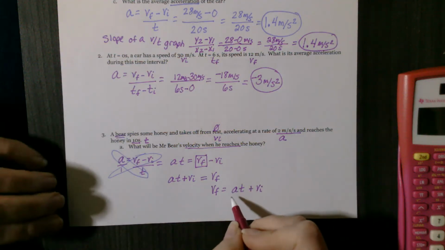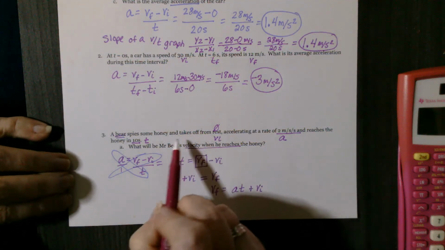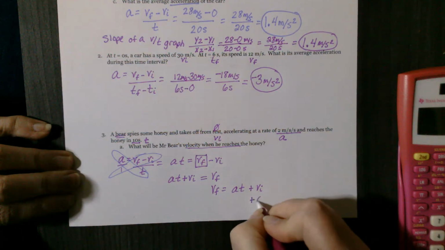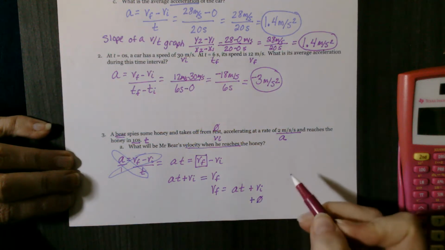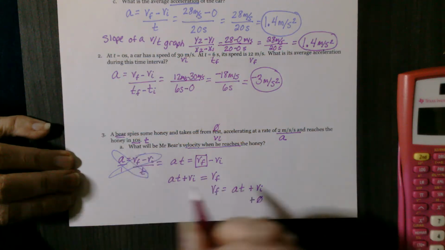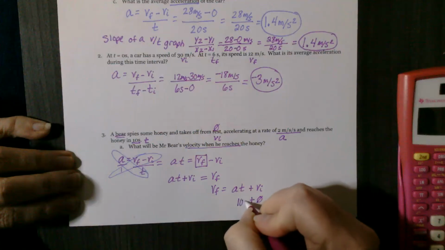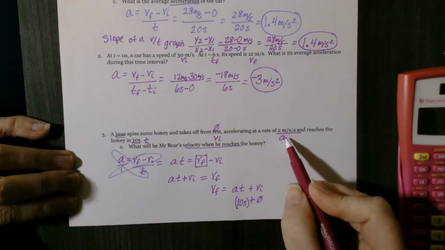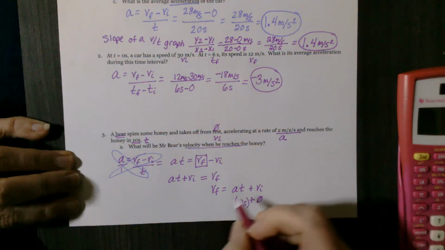So, first, our initial velocity, VI, is 0, so I'm going to go plus 0. Our time is 10 seconds, and our acceleration is 2 meters per second squared.